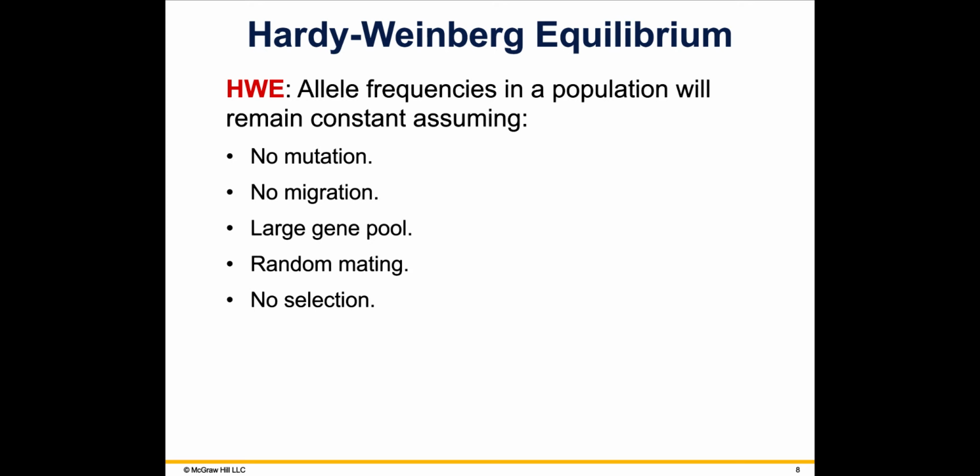And this is a very important idea for supporting evolution because we are seeing and calculating with math that the population is changing. So it gives a lot of support and a lot of evidence to the theory of evolution by natural selection.